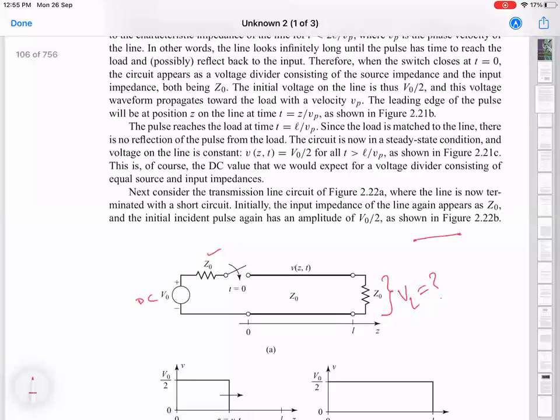I just have this transmission line of characteristic impedance Z0. DC current won't flow. No, Z0 is real. Z0 is real. But what is the property of this transmission line at DC? If electrical length is zero, it doesn't make any sense.